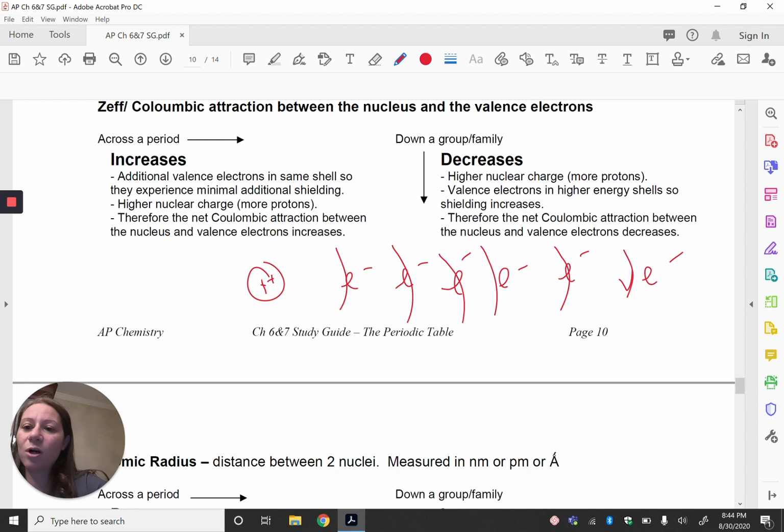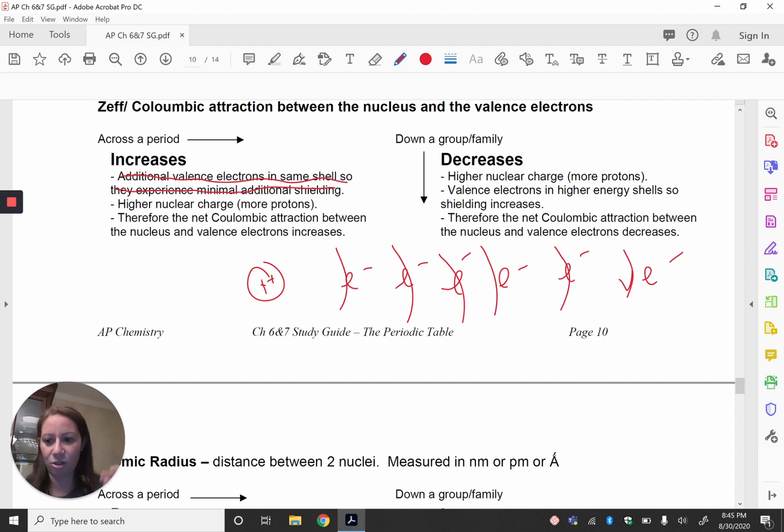So as you go across, which one's more important? Because you're adding more electrons and more protons. Which one's more important? The protons are more important. So if you just tell us, as you go across, you have more protons in the nucleus and therefore the attraction increases, that's good. That's enough. As you go down, yes, you're adding more protons and more electrons, but which one is having a higher effect?